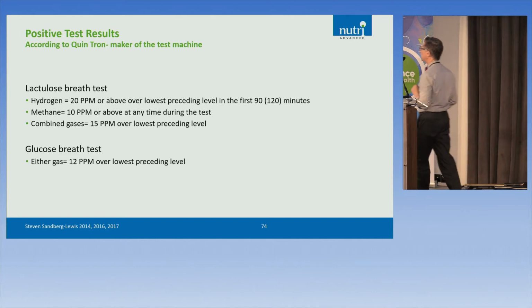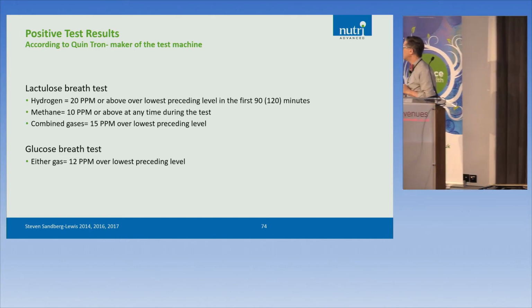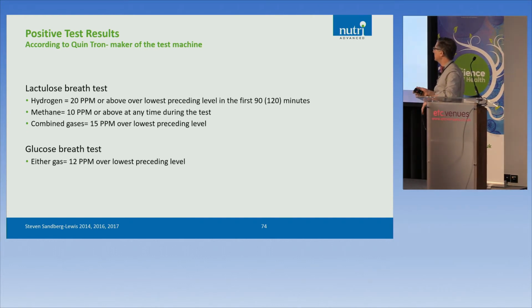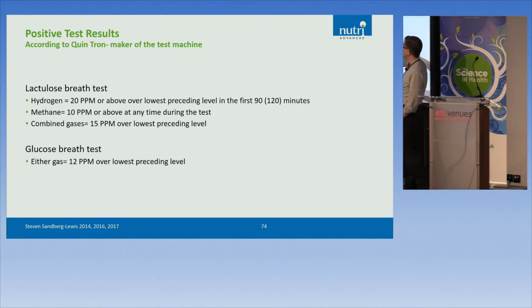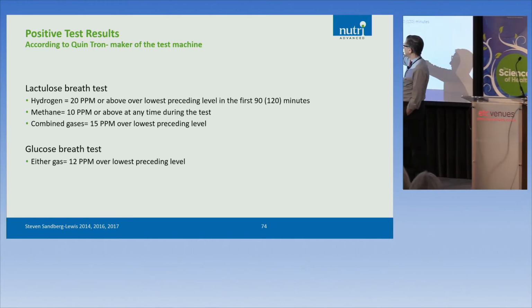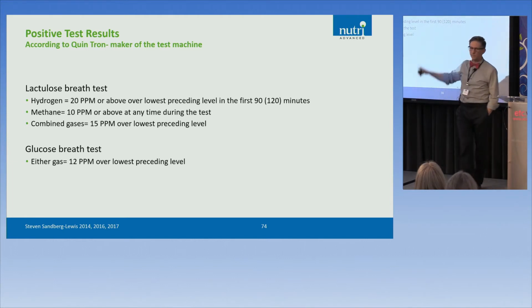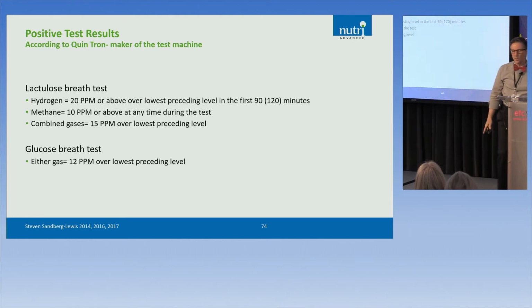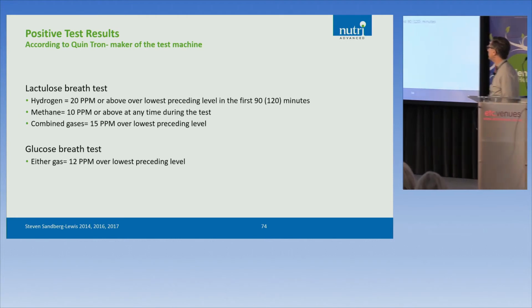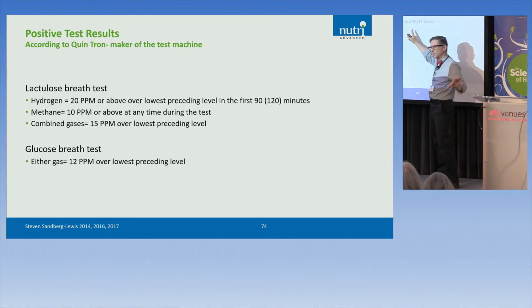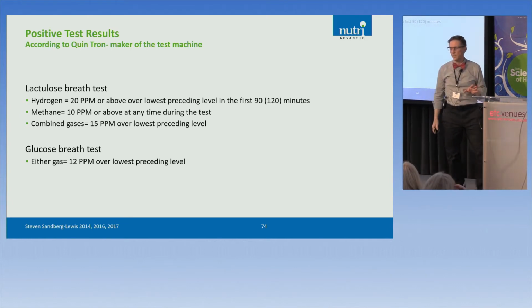So for a lactulose breath test, a hydrogen rise of 20 parts per million or greater, measuring in the first 120 minutes the lowest level that it was at during that time and the highest. If there's a 20 part per million rise or more, that's a positive test. Some doctors really like to use just the first 90 minutes and they don't look at the rest. The maker of the machine says 120 minutes.